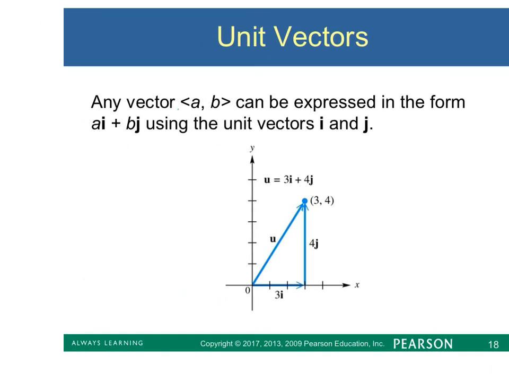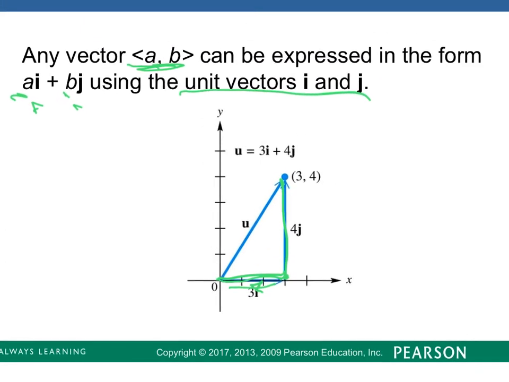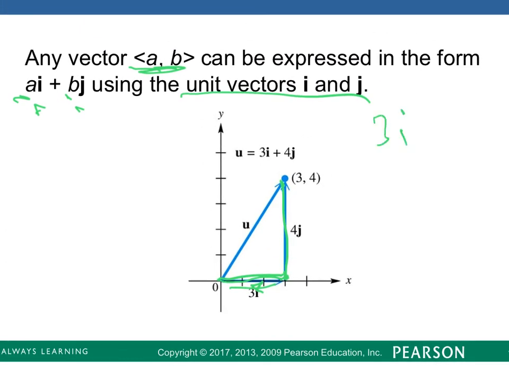Any vector can be expressed in the form of a times i plus b times j, because it's just saying you can multiply anything by 1 and it doesn't change it. So I go over a direction and I go up b direction. In this case, I went 3 to the right, so I can go 3i.